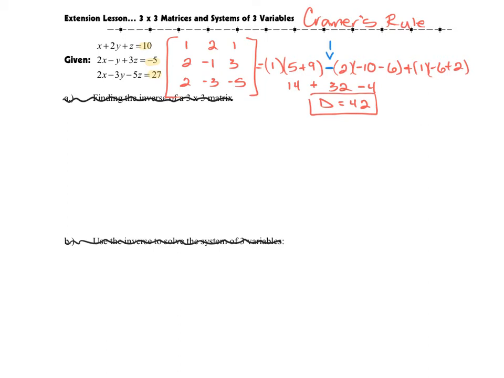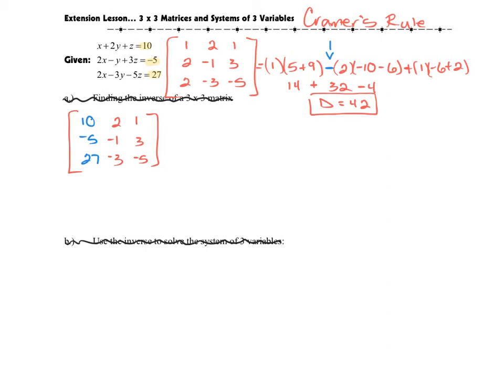So I'm going to take this original square matrix, and I'm going to write in the first column my 10, my -5, and a 27. And then I can rewrite the remaining two columns. So 2, -1, -3, 1, 3, -5.